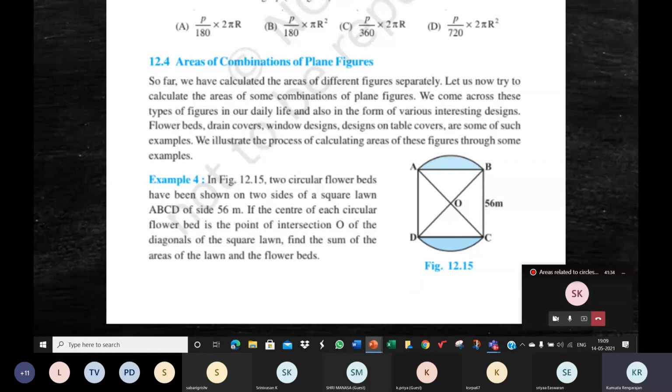I want all of you to work it like this. Please work, all of you. Area of the square ABCD is equal to 56 into 56.